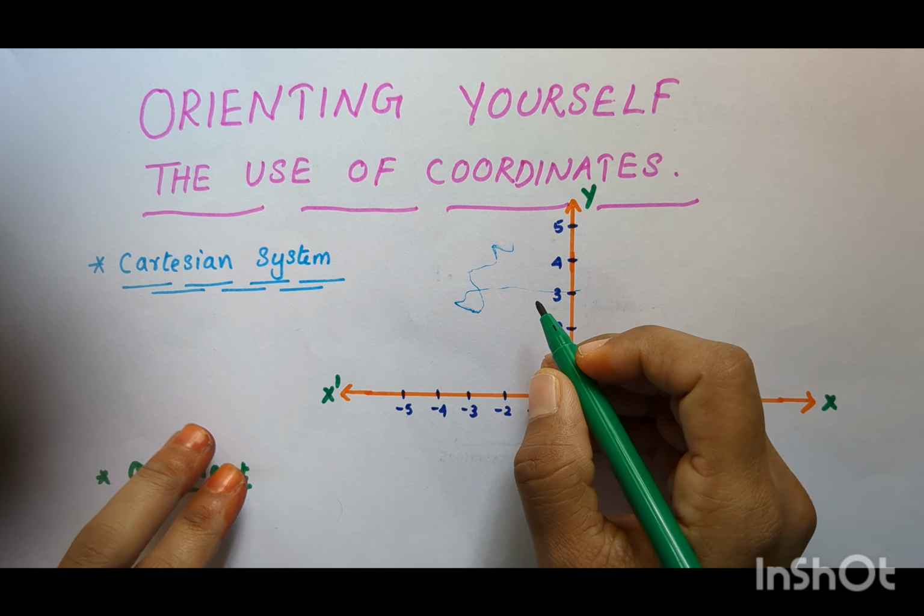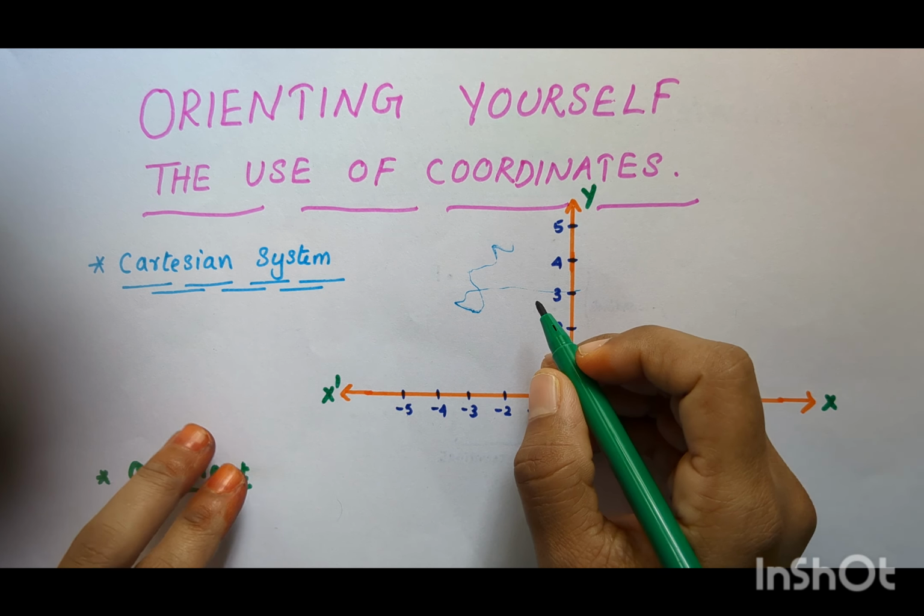In general we can say that if x is not equal to y, then the point represented by the coordinates x, y will not be the same as the point represented by the coordinates y, x. But if x equals y, then the point represented by the coordinates x, y will be the same as the point represented by the coordinates y, x.